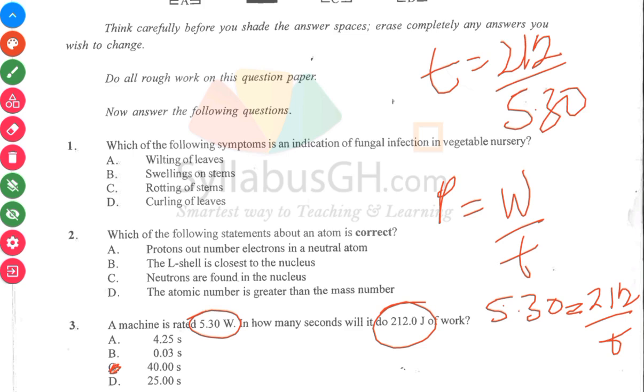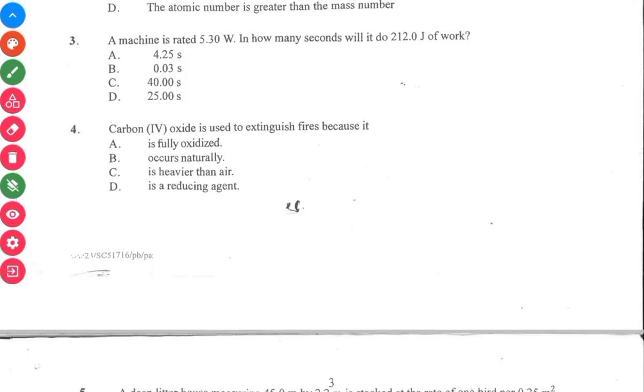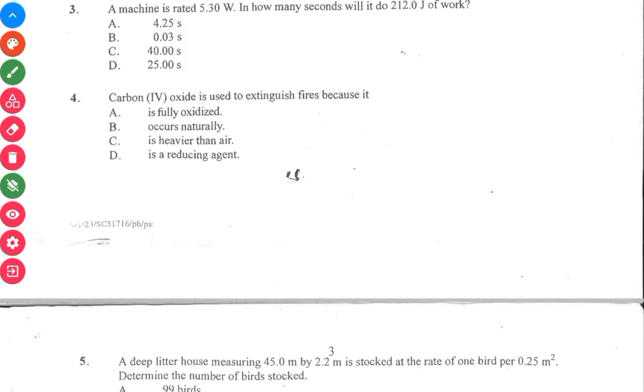So answer for number 3 is C. So question number 4, carbon dioxide is used to extinguish fires because carbon dioxide A is fully oxidized, B occurs naturally, C is heavier than air, D is a reducing agent. And the answer to question 4 is C, is heavier than air. So when you put it on fire, it's able to put out the fire.